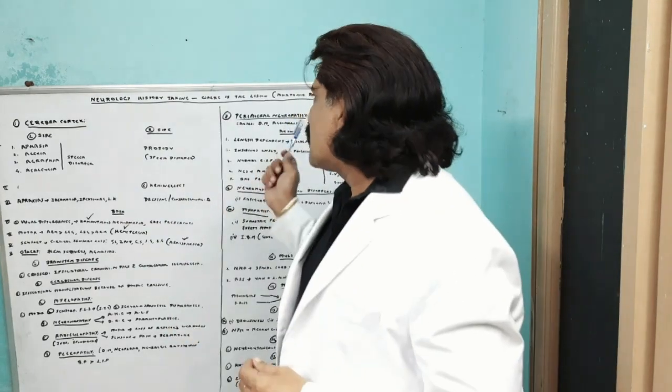Today we are going to talk about neurology history taking, where is the lesion, the anatomic diagnosis. It's going to be very important and interesting for MBBS students, and I hope it will be useful also for postgraduate students and for super specialty students as a kind of review.